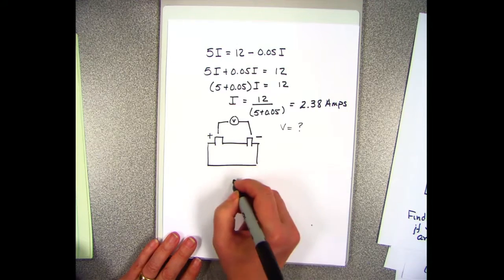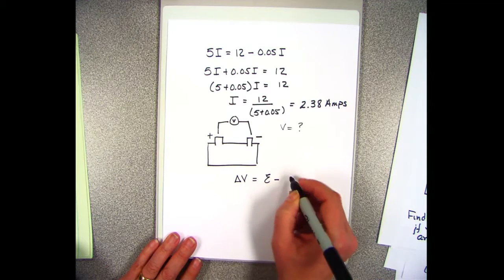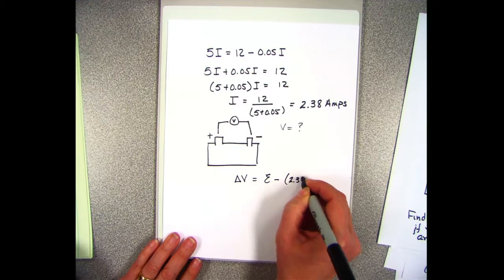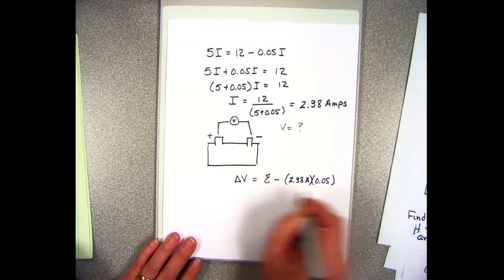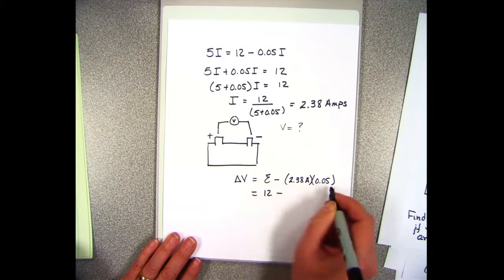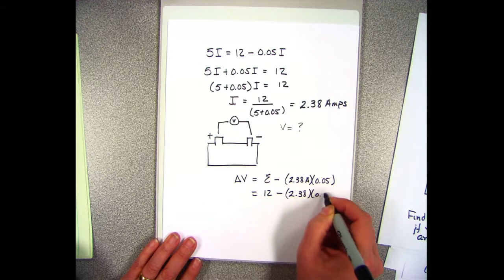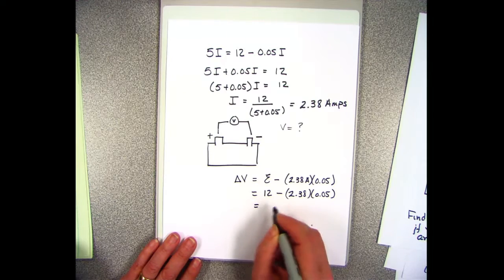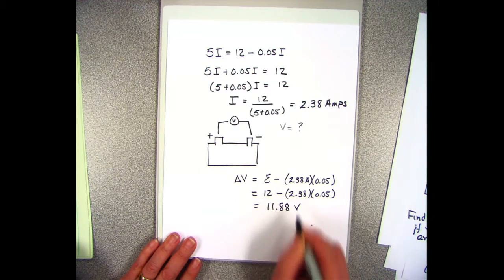What I actually measure is the change in potential, which is equal to the EMF minus 2.38 amps times my 0.05. That's going to be my 12 minus that. And when I put that meter on there, I'm going to get 11.88 volts.